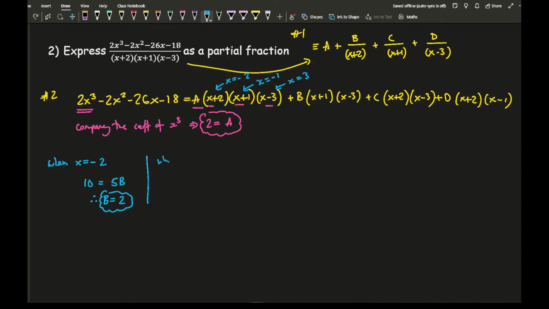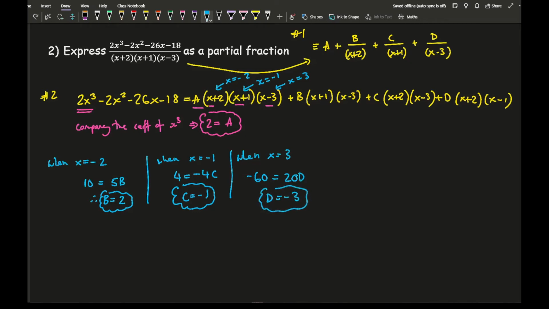Then when x equals minus 1, what I end up with is 4 equals minus 4c, so c equals minus 1. And then for the final one, when x equals positive 3, what I end up with on the left hand side is minus 60, and that's going to equal 20d, so d equals minus 3. And there I've got my final answer.